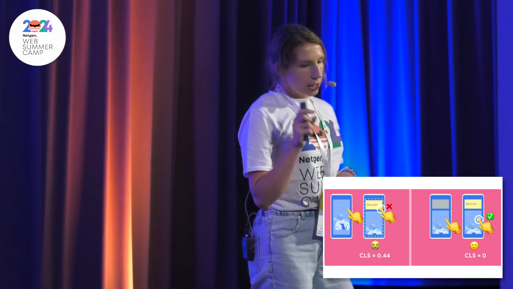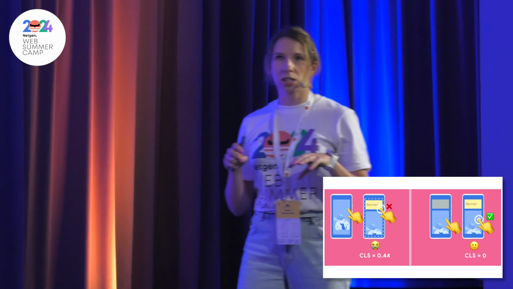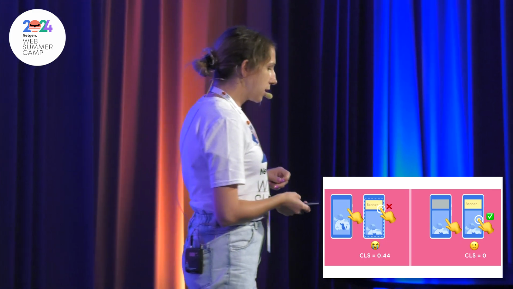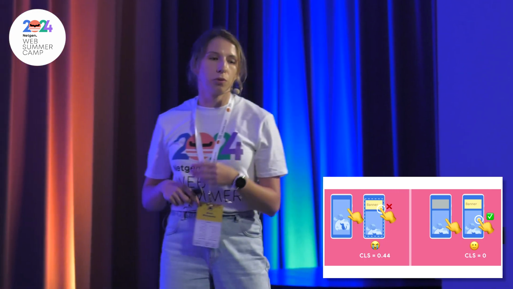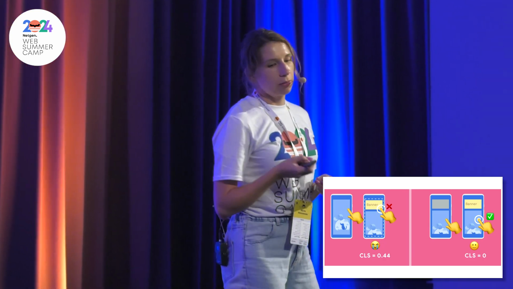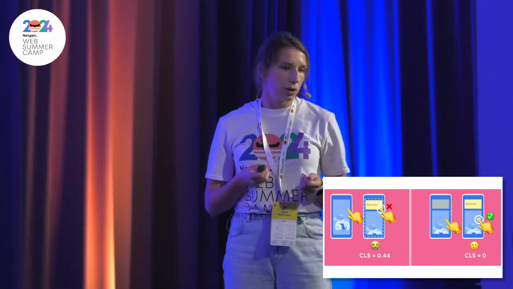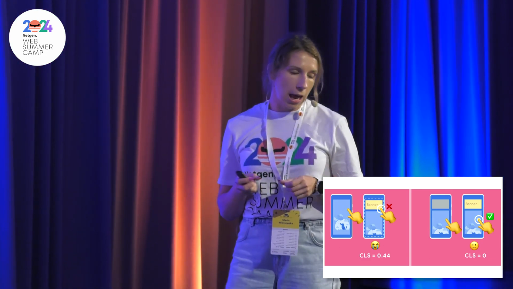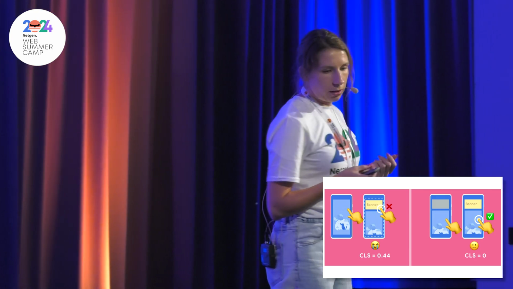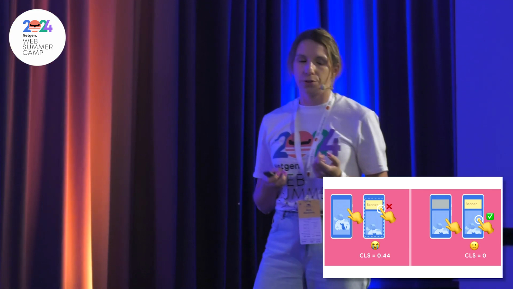The user clicks, but then the banner loads, and the click triggers an action related to this banner, like navigating to another page. It wasn't predictable, so the user didn't know what happened; events were triggered that did something the user didn't want.